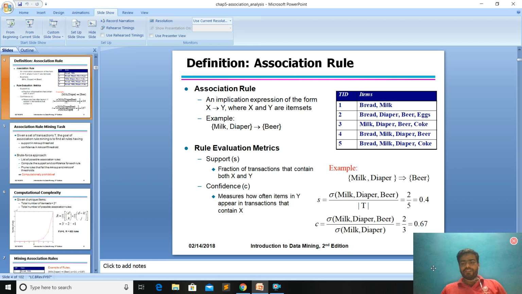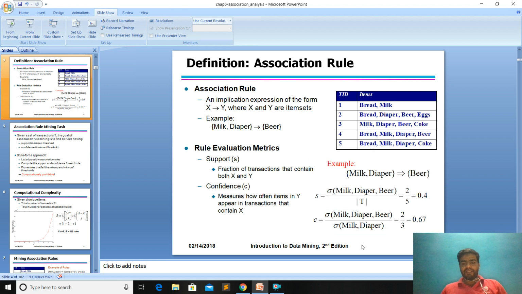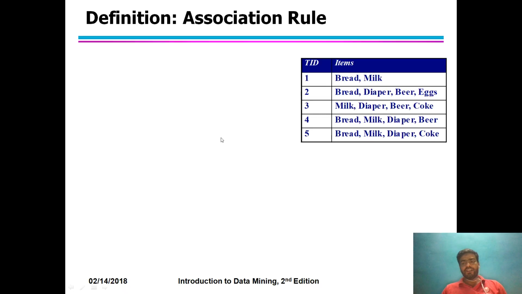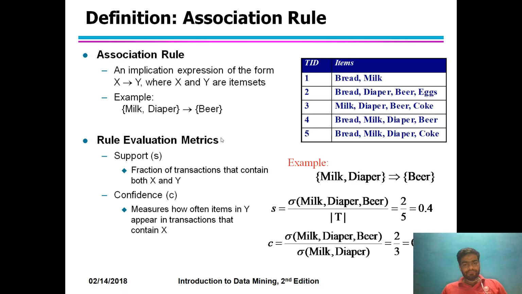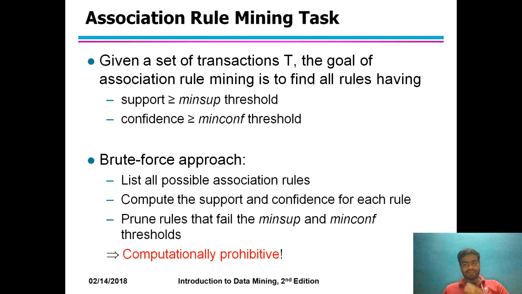This is how we find the support S, and C is what we call confidence. So the support count of milk, diaper, beer divided by the support count of milk and diaper, 2 by 3, is equal to 0.67. That is how we find the association rule.